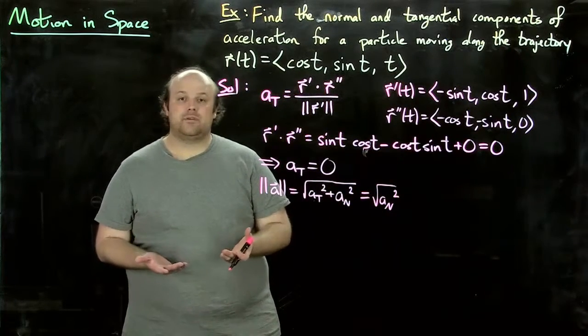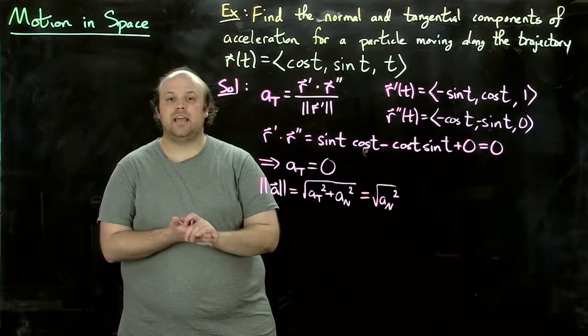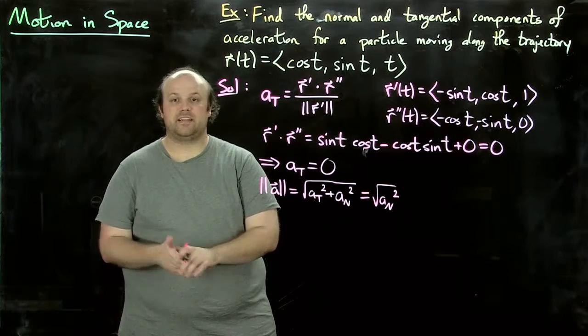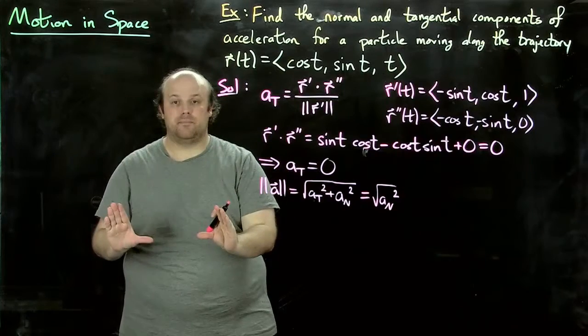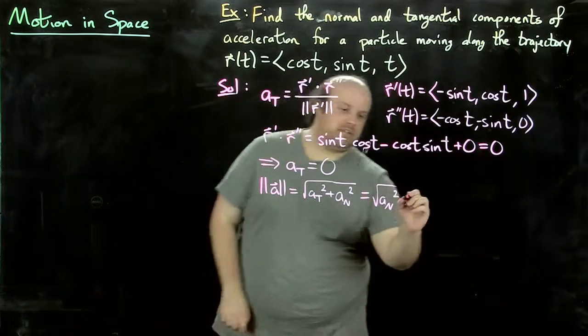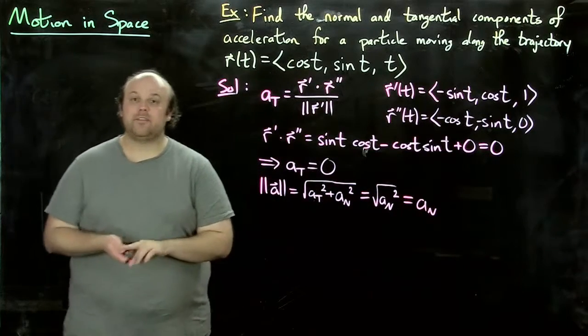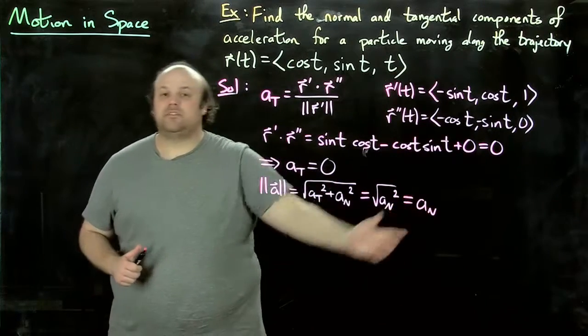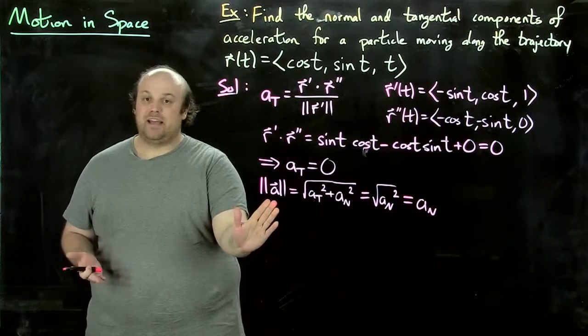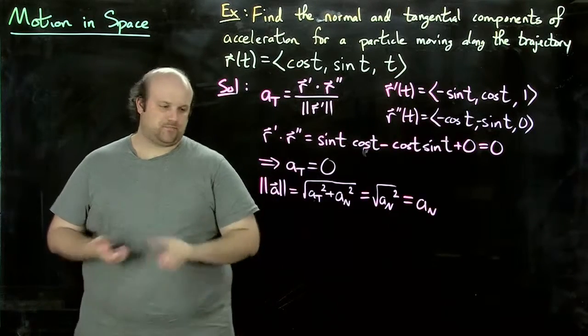AN is always a positive quantity, because remember, it's a magnitude of something over a magnitude of something. So that means this is just AN. In other words, the normal component of acceleration is just the magnitude of acceleration in this case.